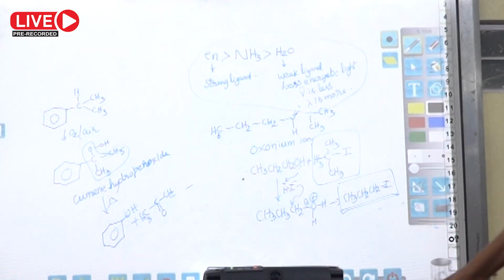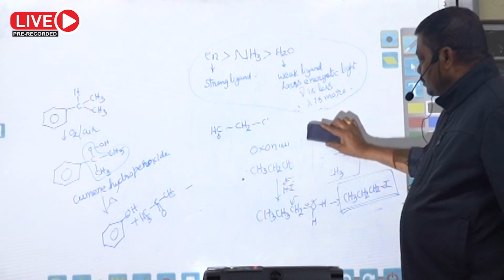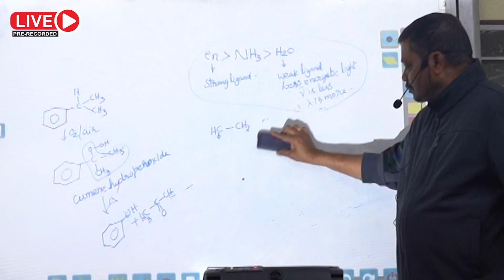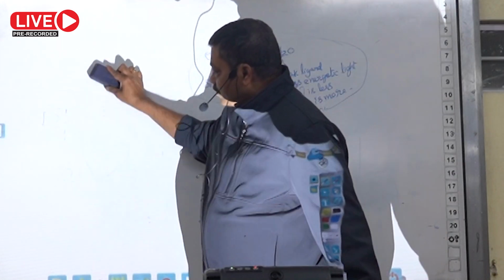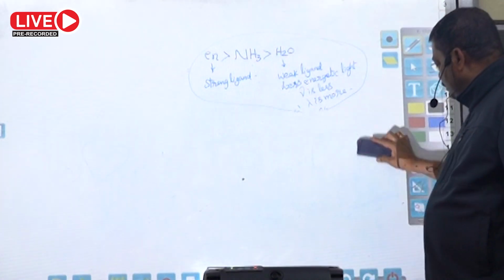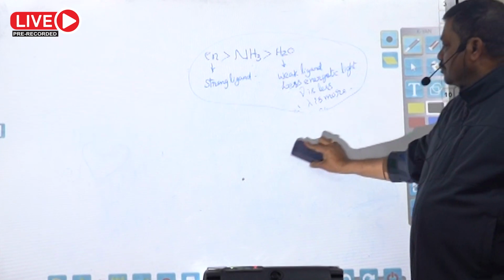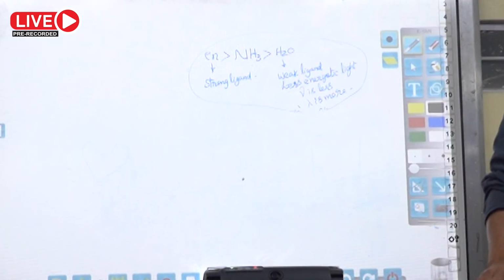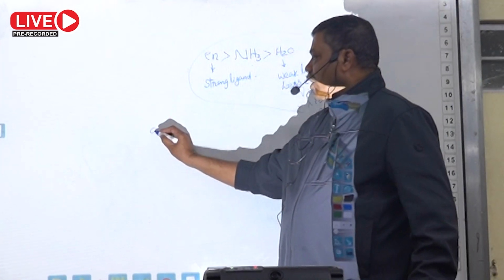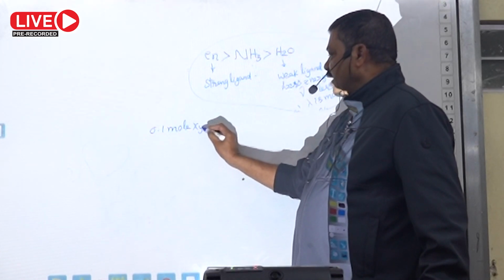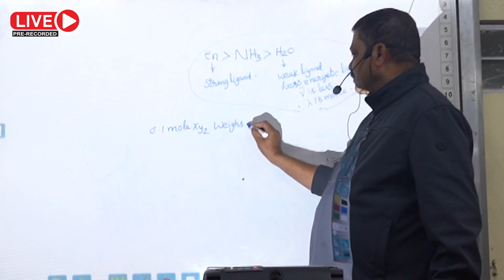Question number 60. X and Y combine to form 2 compounds, XY2 and X3Y2. 0.1 mole of XY2 weighs 10 grams.